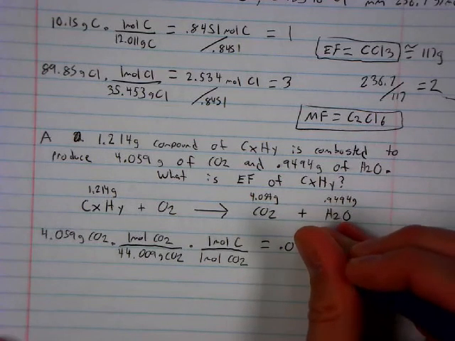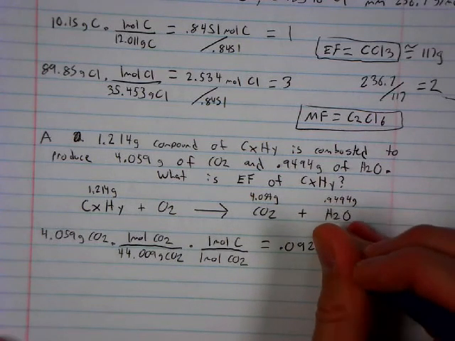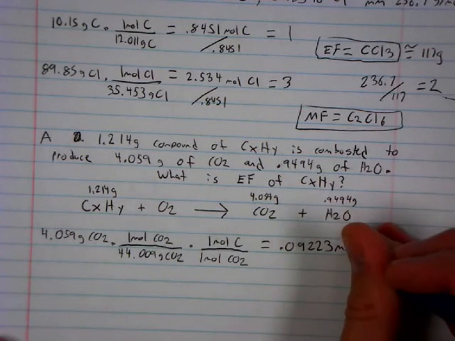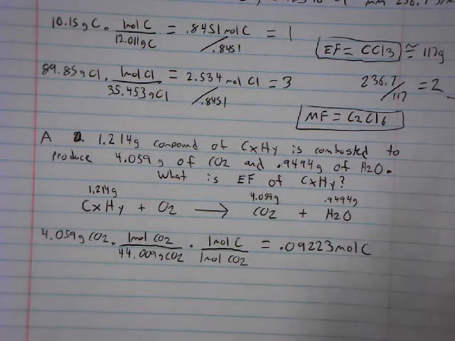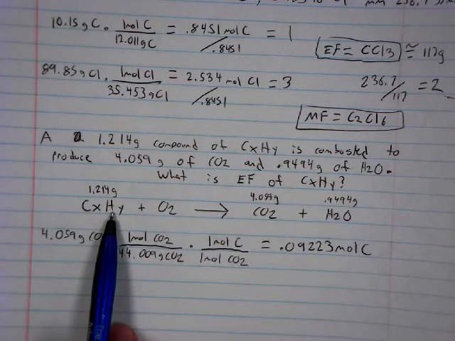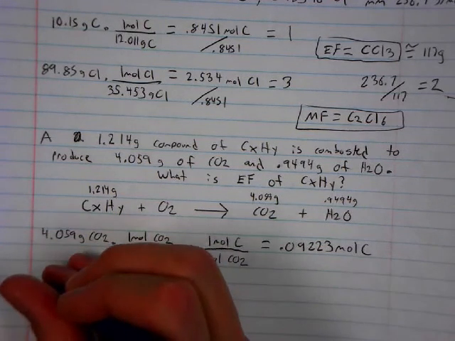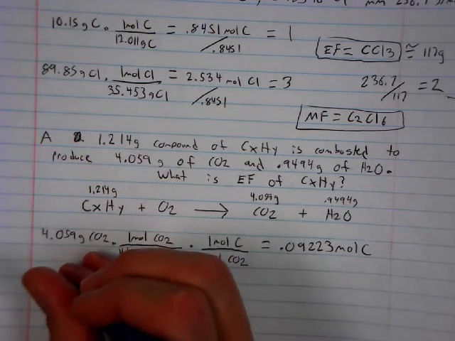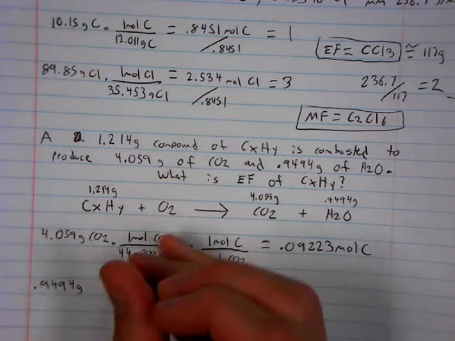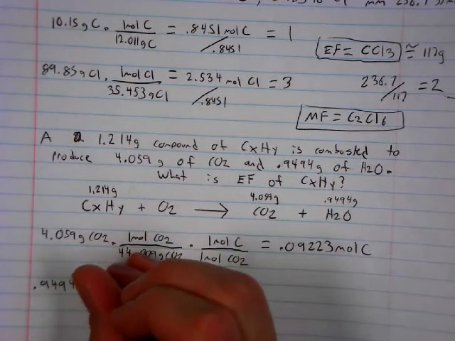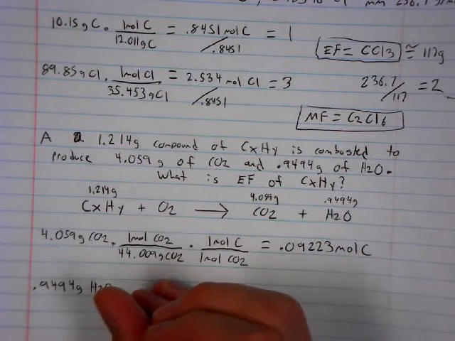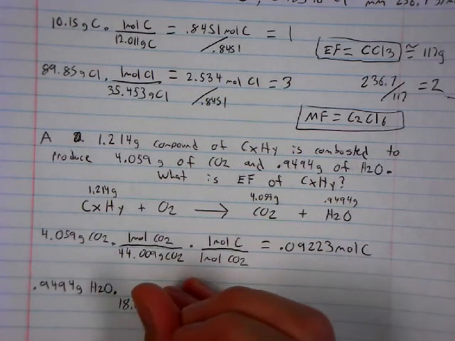That will get me my moles of carbon. At this point, you should be able to pause and try and finish it to do the rest. So I'm going to solve that, and I get 0.09223 moles of carbon.